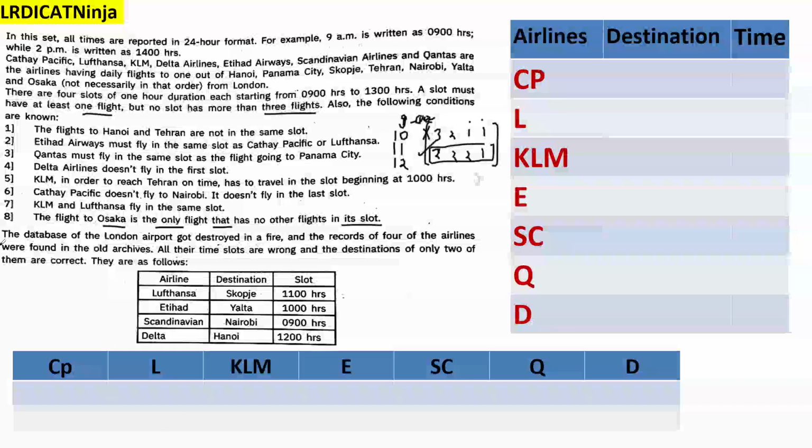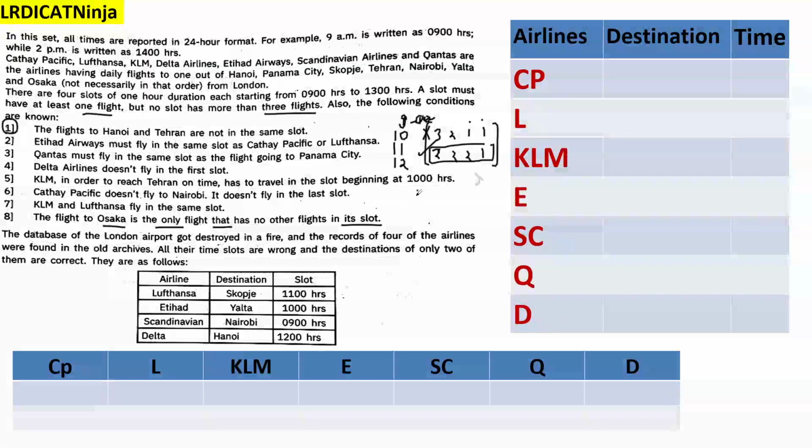Okay. So now there is another table as you can see here. I have mentioned the airlines here, and here I'm going to write down the time slots. So what is given over there? The flights to Hanoi and Tehran are not in the same slot. We are going to use it later. Etihad Airways must fly in the same slot as Cathay Pacific or Lufthansa.